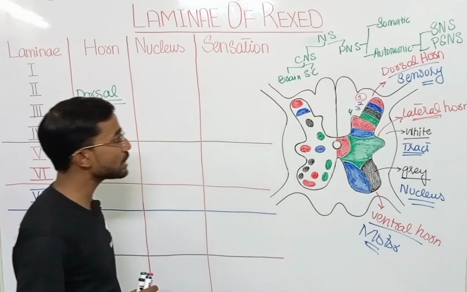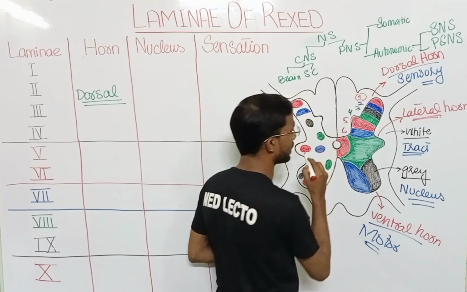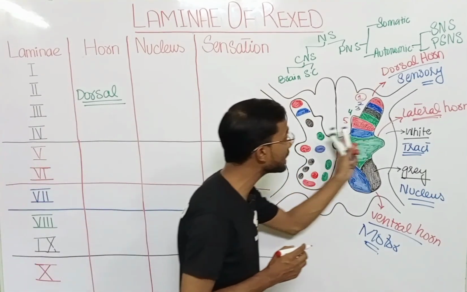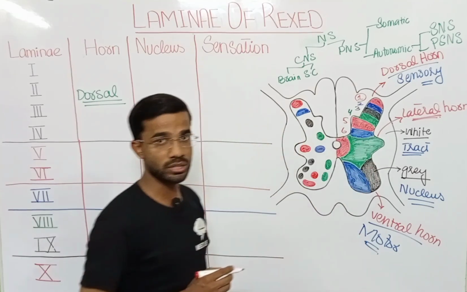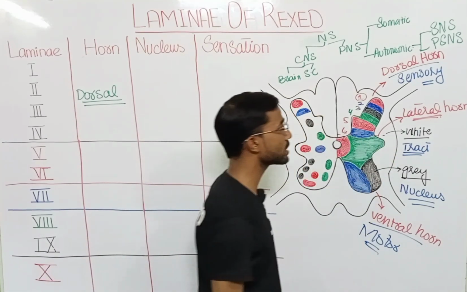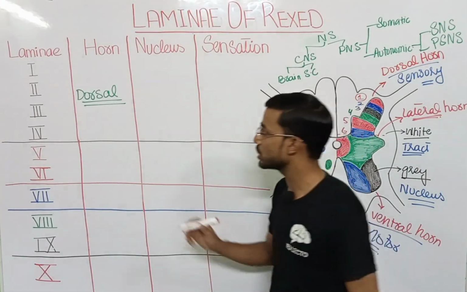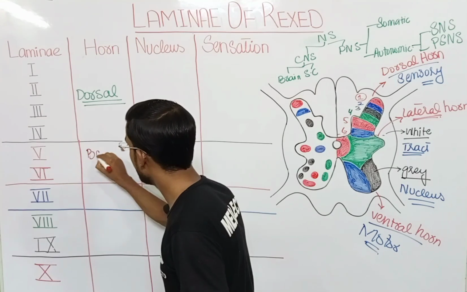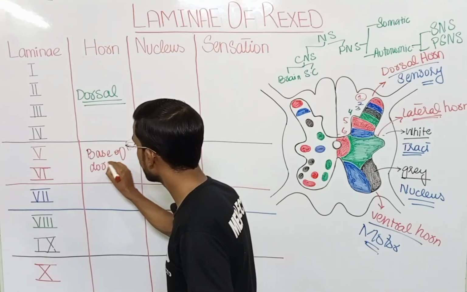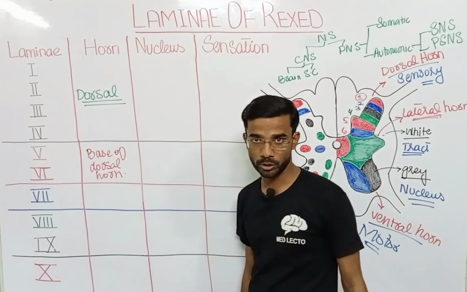Next, the fifth and the sixth lamina. The fifth and the sixth lamina are present at the base of the dorsal horn. This is another important point.